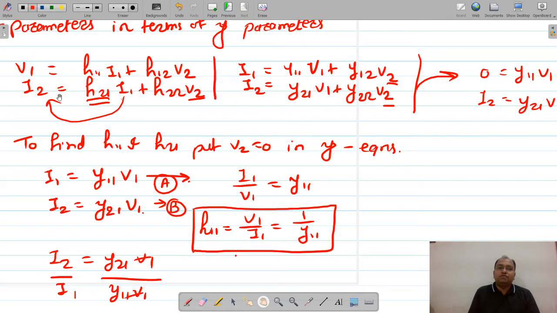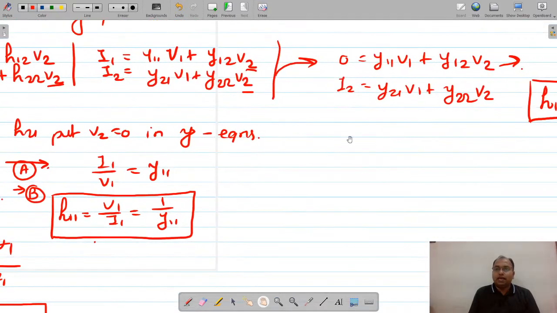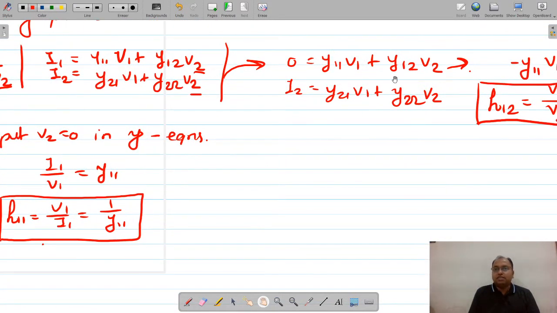And finally, what is our H22? H22 is I2 divided by V2. Okay, so can I get I2 divided by V2? For that purpose, we need to convert these equations into matrix form, and then go for finding V2, because I need I2 and V2 in that particular equation. Okay, fine.